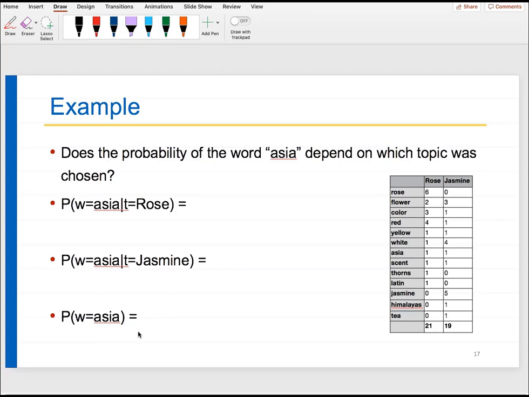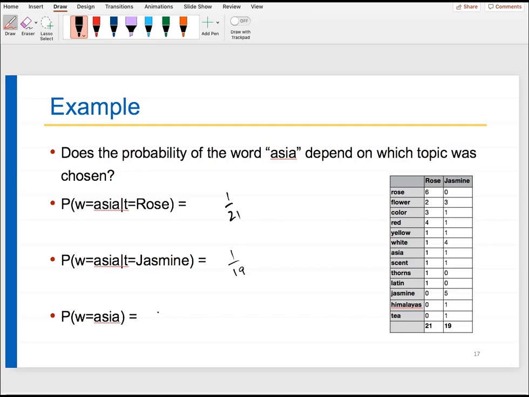Okay. This was the concept of independence. Now, does the probability of the word Asia depend on which topic was chosen? We have already done this part. So the probability of W equal to Asia given roses. This value was how much? 1 upon 21. This is 1 upon 19.